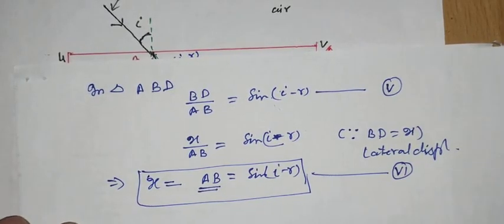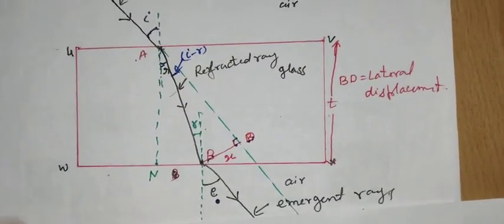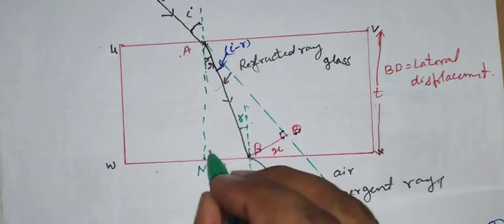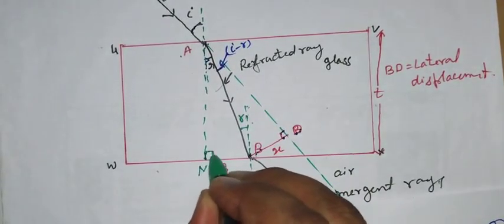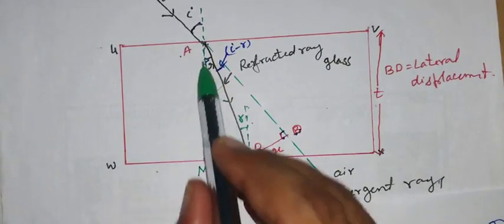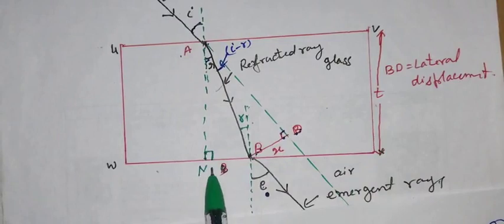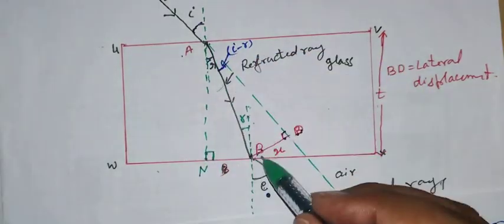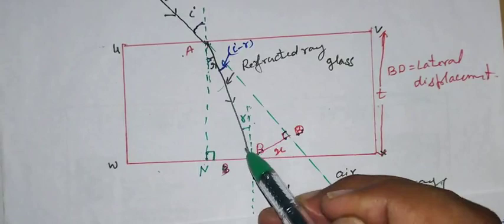To see the value of AB, again see the diagram. Points A, B, N. In triangle ABN, N here is a perpendicular, a right angle triangle. This is angle R. Now we are going to see the relation between AN and AB. For angle R, AN is the base and AB is the hypotenuse.